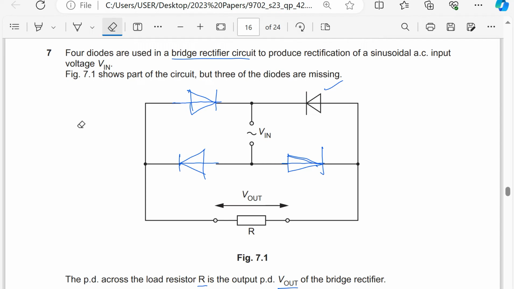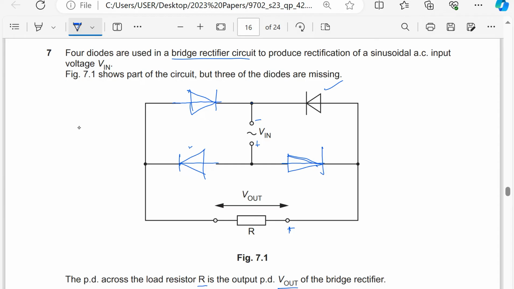If we consider the first half cycle, we can see if this is positive and this is negative. So current is going to flow like this. It will continue. This one will not conduct. It will continue up to here. So that means this side will be positive.